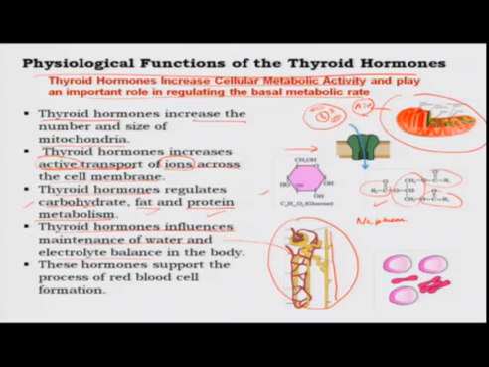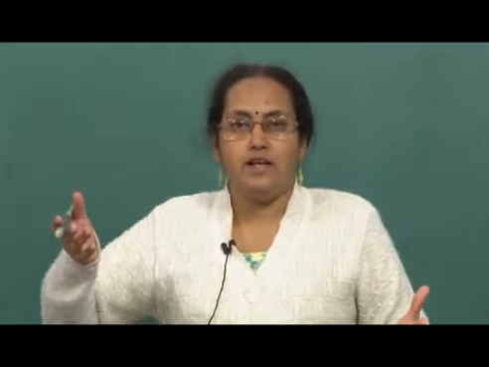So, lastly, the thyroid hormone has been shown to support the process of red blood cell formation. You are familiar with the red blood cells, which are also known as RBCs. These red blood cells have a turnover rate of about 120 days, but under certain circumstances you need to increase the production of the red blood cells, because either you have lost a lot of blood, because of which the oxygen carrying capacity of your blood has decreased, or you have gone to a place where there is very little oxygen in the air.